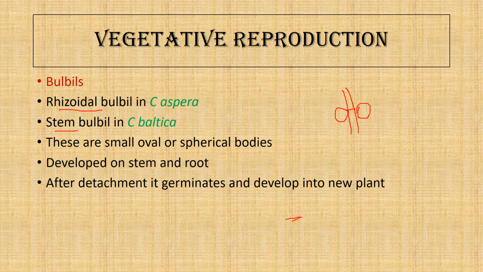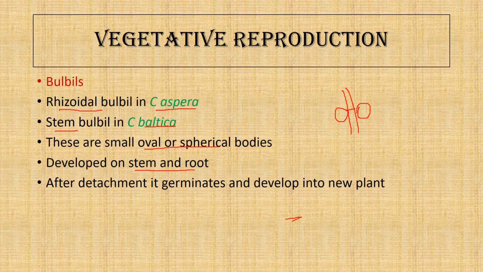Rhizoidal bulbils are present in Chara aspera species and the stem bulbil is present in Chara baltica. Mind it that both the stem and the rhizoidal bulbils are present at the nodes. These bulbils are oval or spherical bodies and they develop at the stem or root nodes.